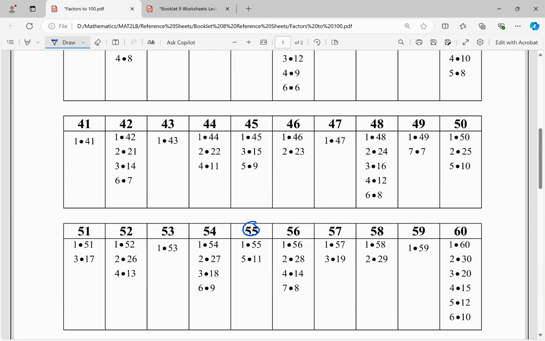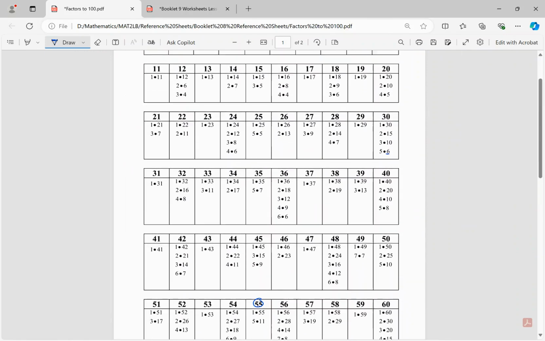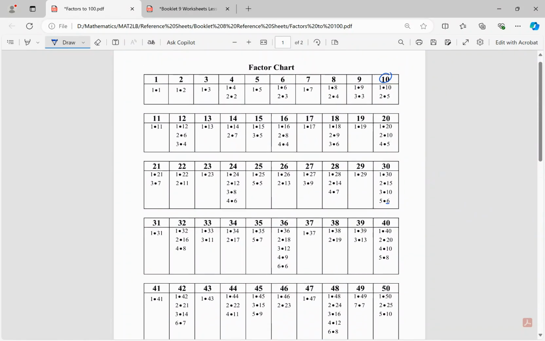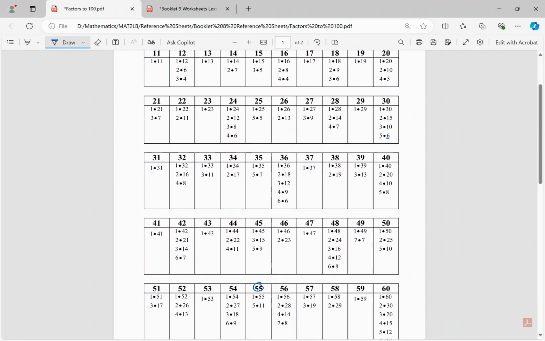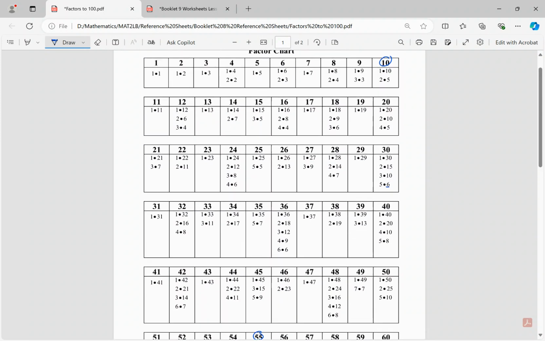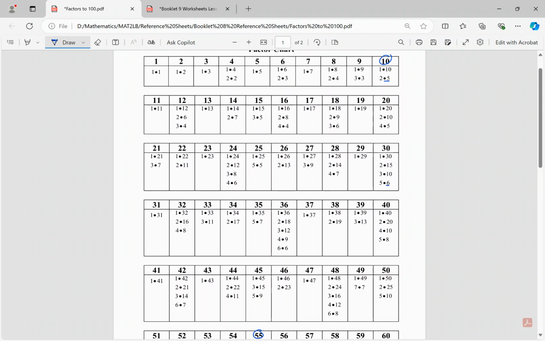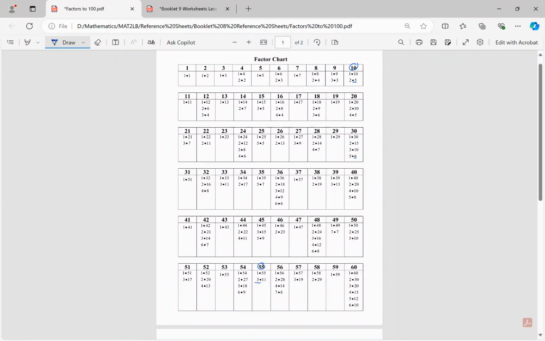And let's zoom out a little bit so that we can see what's going on here. Oh, they're quite far apart, actually. Okay, so 10 has 1, 2, 5, and 10. 55 has 1, 5, 55, and 11. So going back and forth, it looks like the largest number they have in common is a 5. All right, I'll zoom out a little bit so you can see both at once.